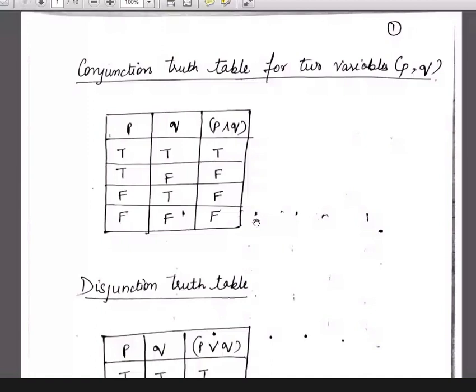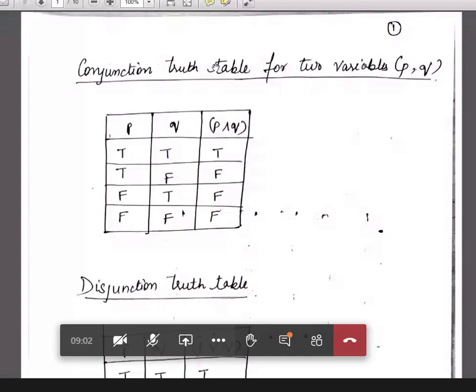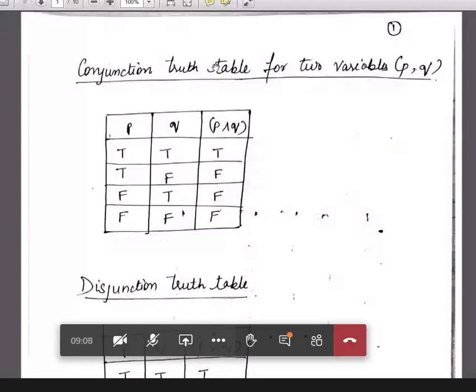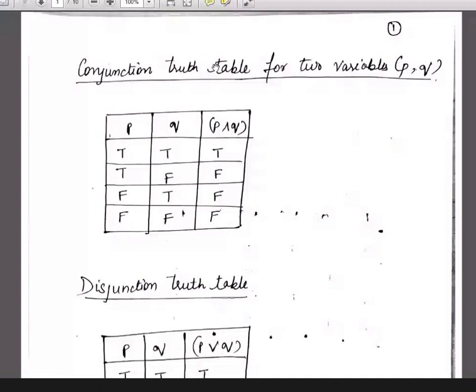Okay, so the first table is for conjunction. This is called the conjunction truth table. The truth table contains the truth values. Truth values means there are two possible values, either true or false.